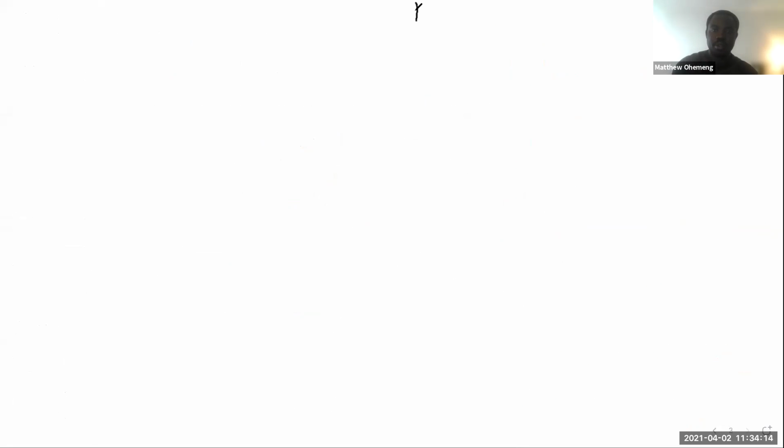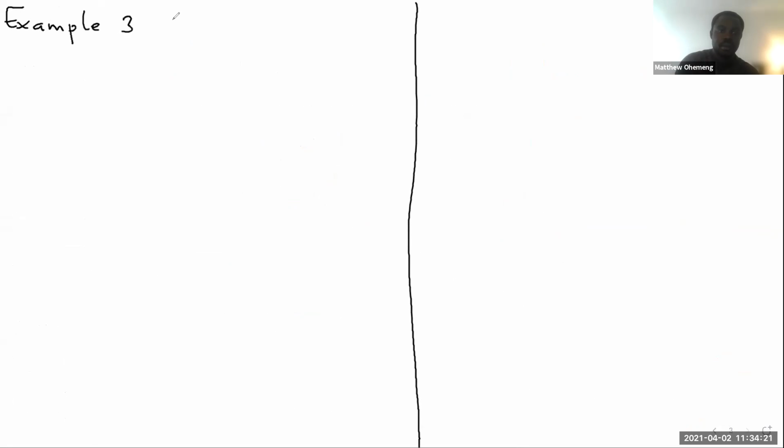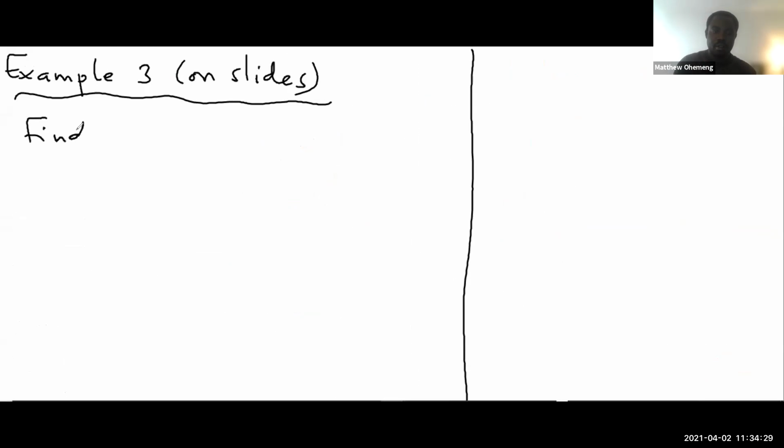So this is example 3. For this function, it says find the local maximum and minimum values.